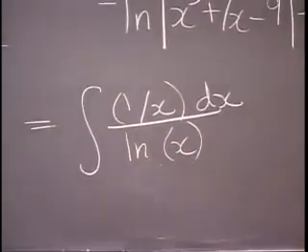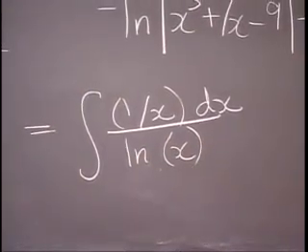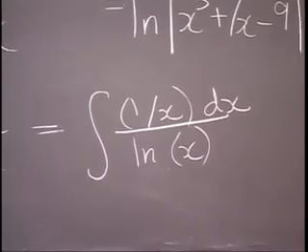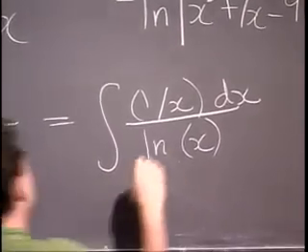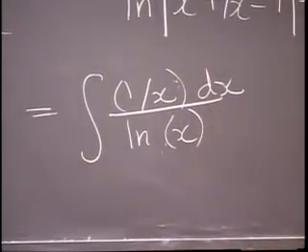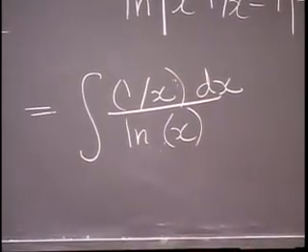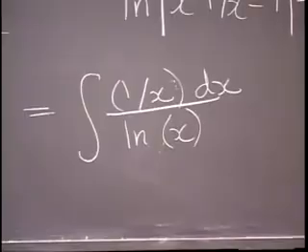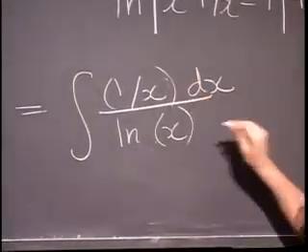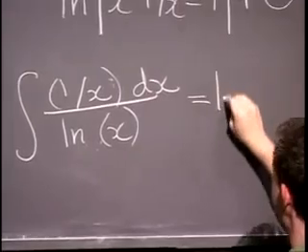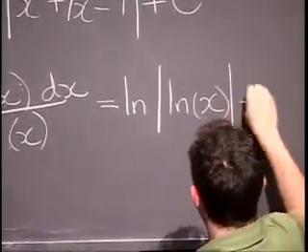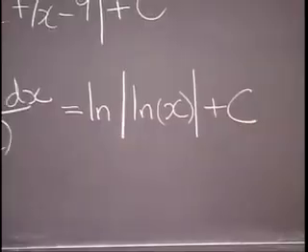This is sort of sneaky. The substitution t equals log x is what you need, but you can sort of save a step. Now I've written it as a function whose derivative, 1 over x, is sitting up in the numerator. And because the derivative is just up there, the answer is just the log of the bottom with absolute values and a plus c.